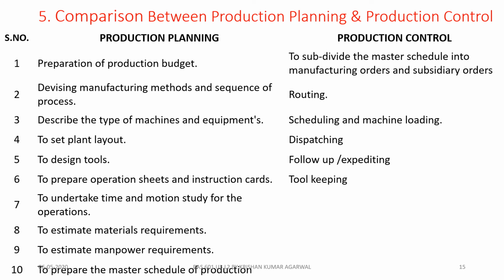They have to check during the dispatching whether dispatch cards and all kinds of job orders are issued or not. They have to take the follow-up on a day-to-day basis. They have to take care of the tool room also, and all these functions related to follow-up, related to foreseeing the process, are carried out by the production control people.